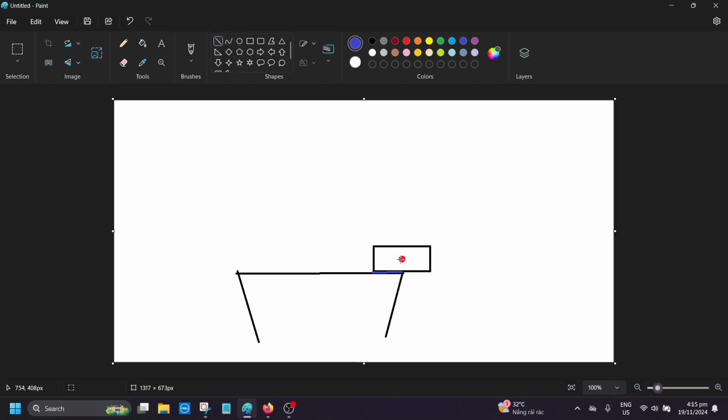As you can see, O, which is the projection of the center of mass, is still in MN. So therefore, this plank will not fall.